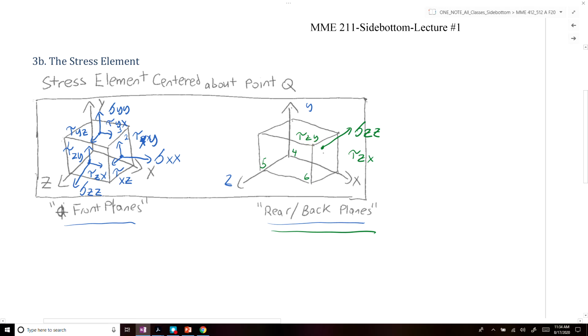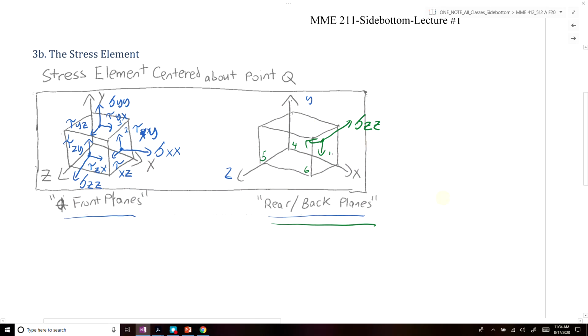Tau zx is going to be going along the negative x-axis, and tau zy is going to be going along the negative y-axis. So I'm going to redraw these labels here. This would be tau zy, and this would be tau zx.